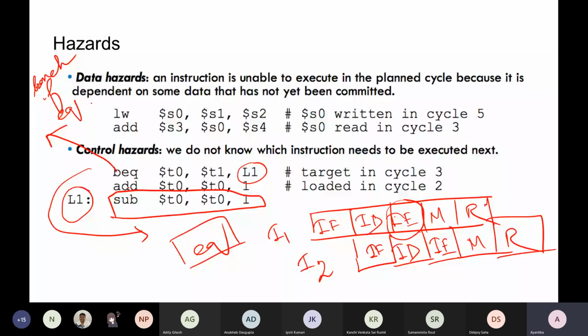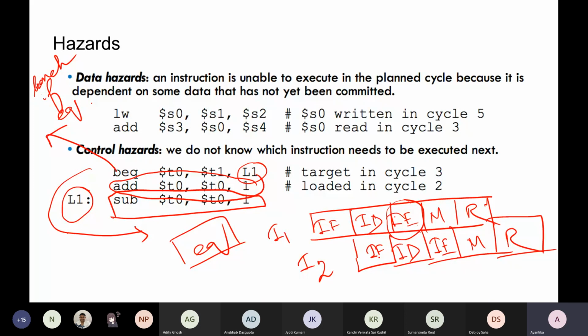That means in spite of the fact that you have got result 1 and you have to jump to this L1, there is no point executing this instruction. But still this instruction has already entered your pipeline cycle.